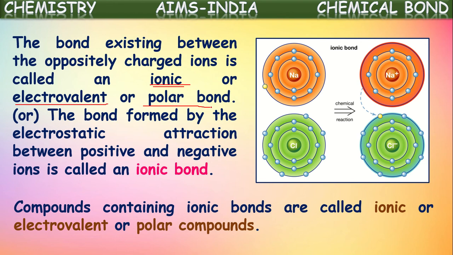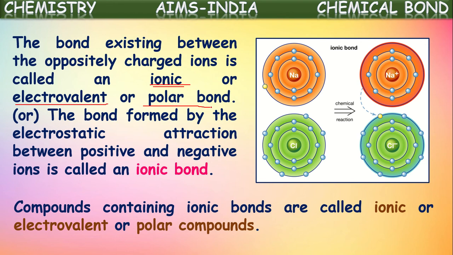They are also called polar compounds. Now we can say sodium chloride is an ionic compound because it is formed by the transfer of electrons between the sodium atoms and chlorine atoms. So it is an ionic compound or electrovalent compound.